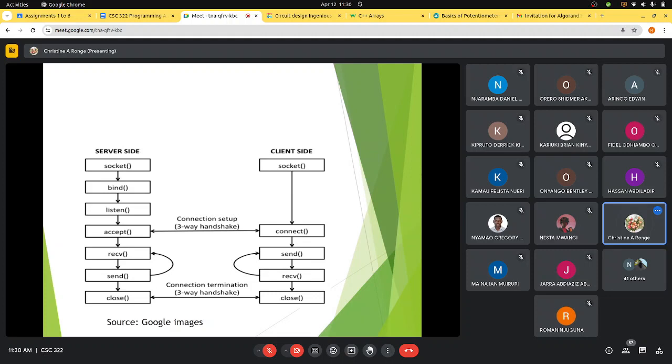Now, here we are going to look at an example of asymmetric termination, the abrupt termination. Now, as I said, the abrupt termination always has the possibility of losing data because it abruptly terminates the connection without knowing whether the other side still had data, especially in transit.